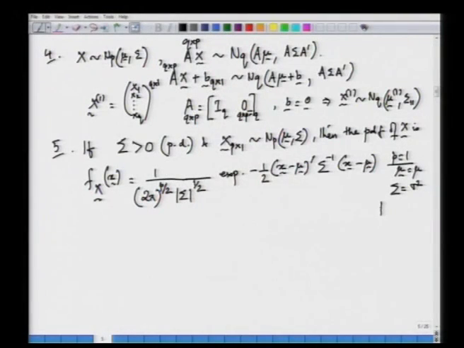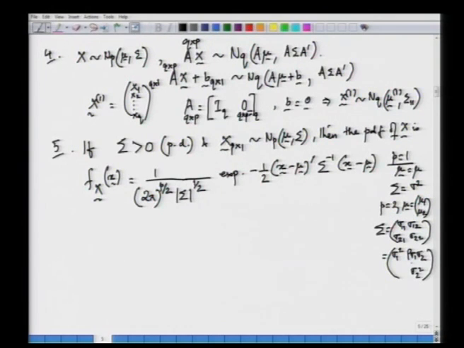If p is equal to 2, now we have a mean vector comprised of mu 1 and mu 2. The covariance matrix, by the general notation, is sigma 1 1, sigma 1 2, sigma 2 1, sigma 2 2, but usually what we take is sigma 1 square, rho sigma 1 sigma 2, and sigma 2 square.